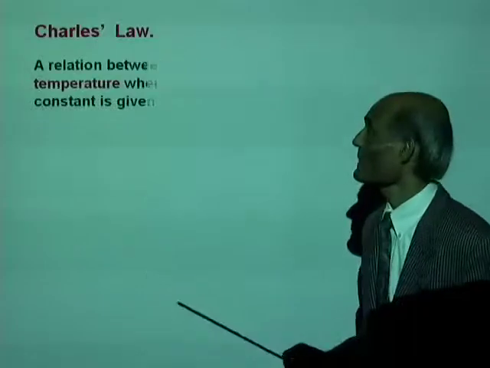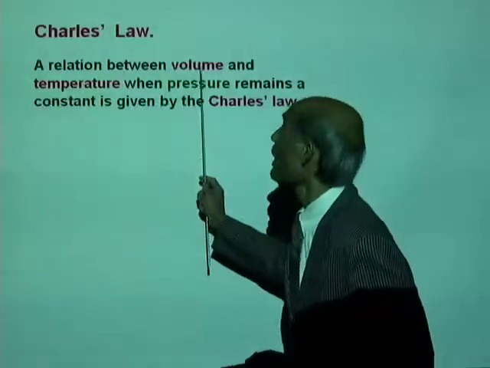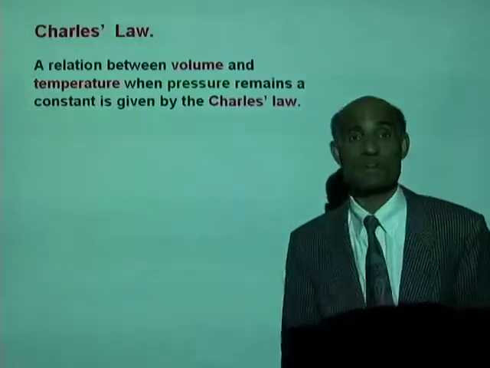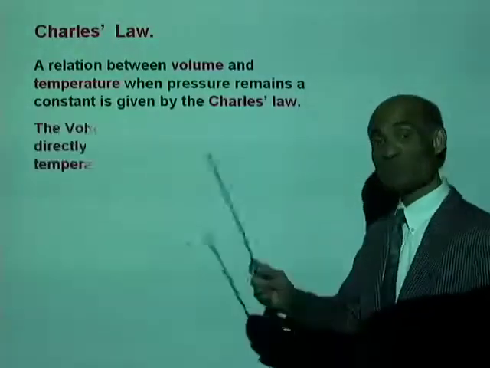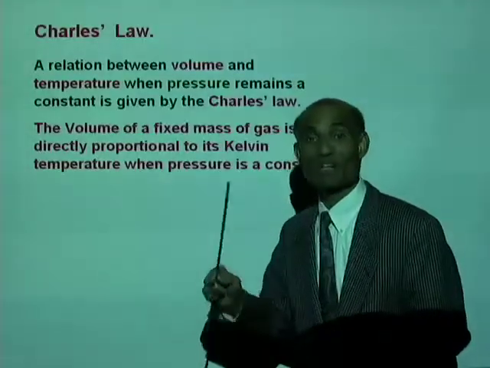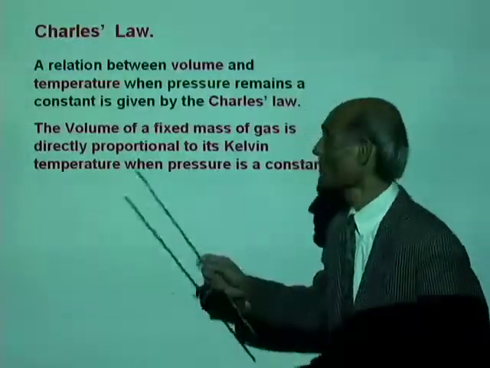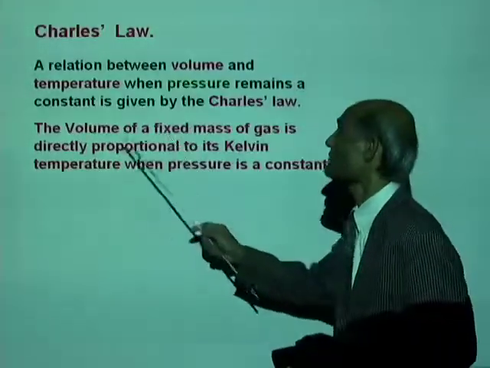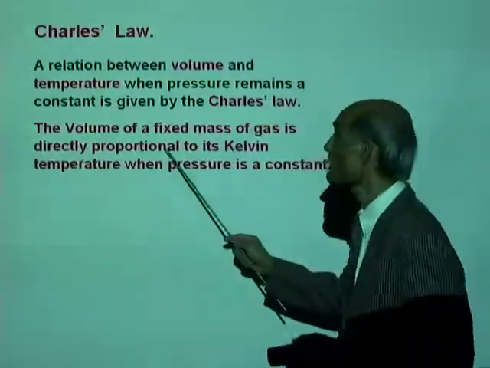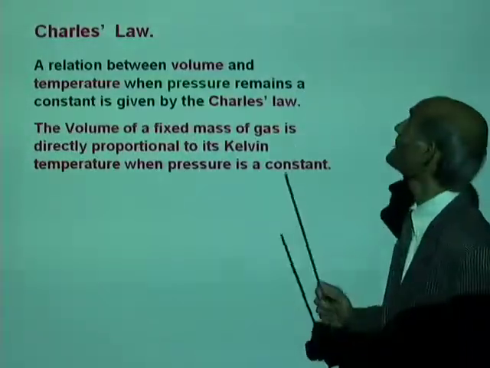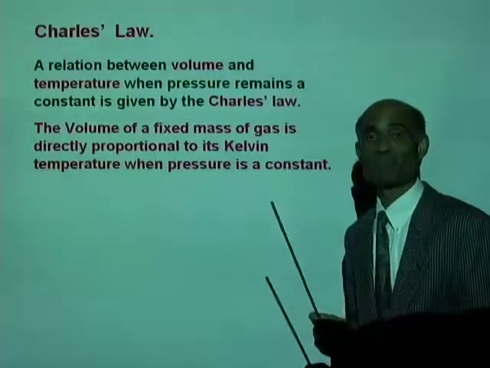Let's now talk about Charles' law, a relation between volume and temperature when the pressure remains a constant. It's a similar law to the earlier one, which is the pressure law. Now, what does the law say? The volume of a fixed mass of gas is directly proportional to its Kelvin temperature when the pressure is a constant.